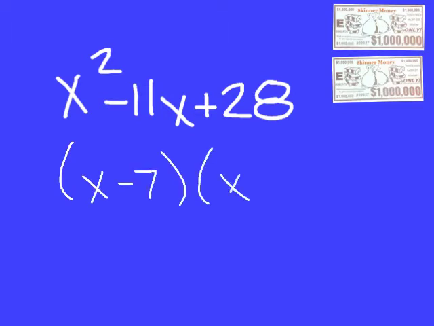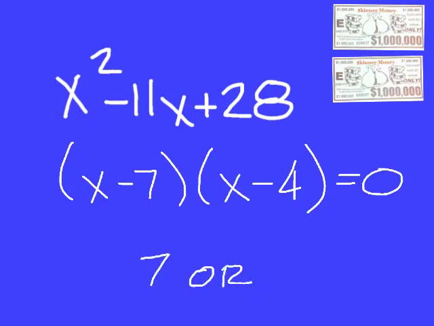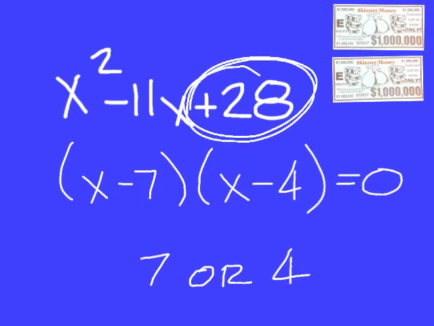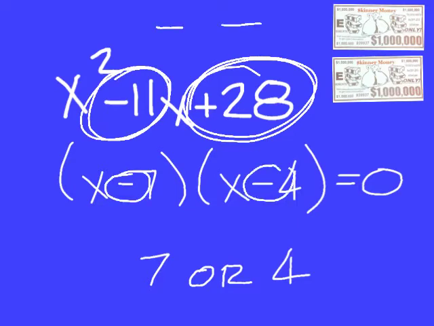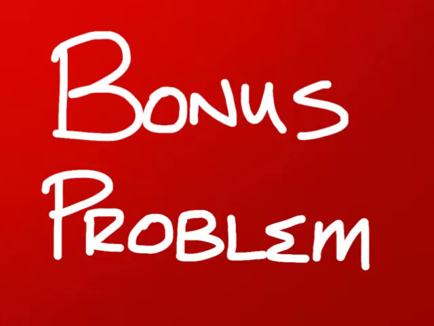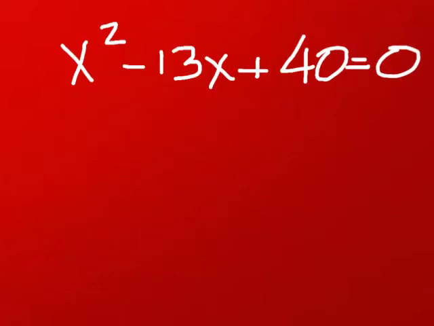X minus 7, x minus 4 is the factorization, and it goes to a 7 or 4 for the answer. Right here, you have to have 2 numbers that multiply to get a positive, but they add to get a negative. The only combination is minus minus for your factors. For the bonus problem, you should have the following.